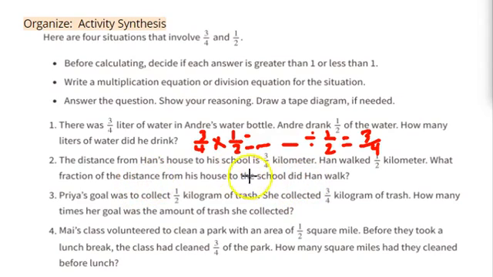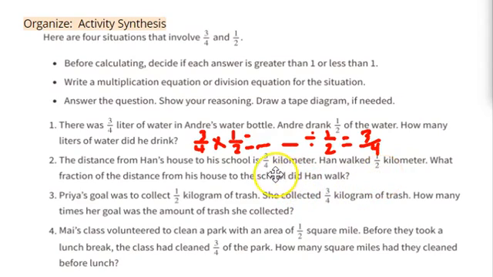Fraction of the distance. Well, on this one, you're talking about taking 3/4 times something gives us 1/2.